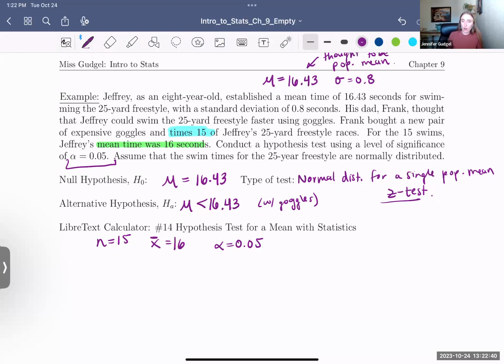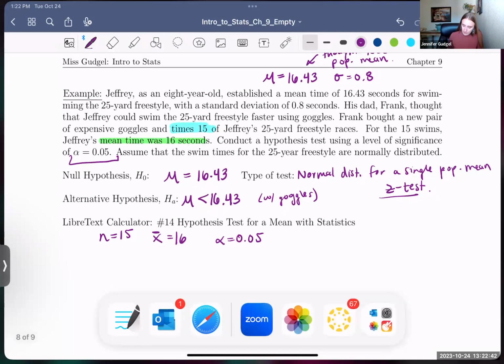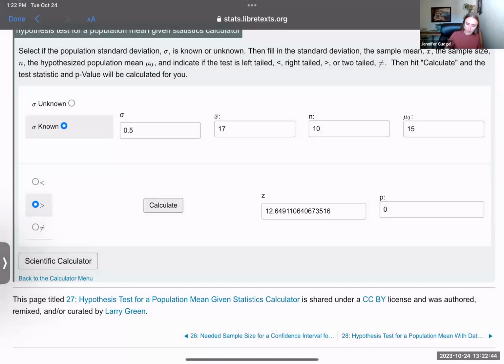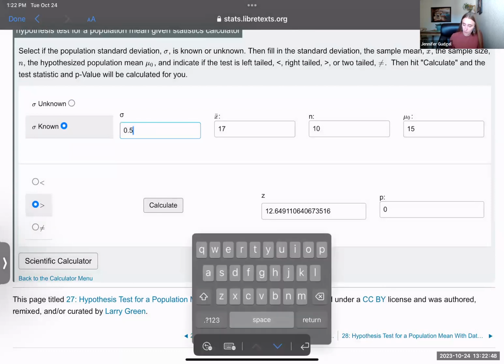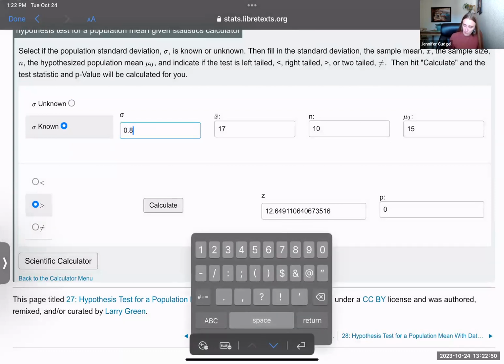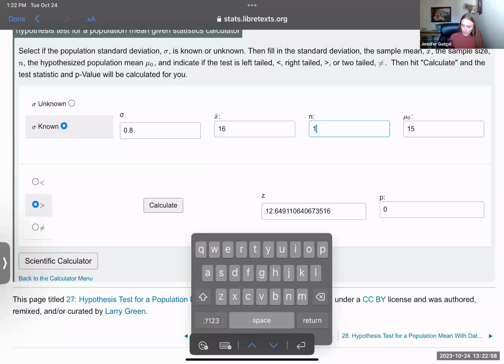All right, let's go to that online calculator and fill in the pieces that we know. Sigma is known. We want to check that sigma is known. That sigma value was 0.8. The x bar was 16. We calculated 15 of the races, so my n is 15. And then these two values are from the alternative hypothesis.